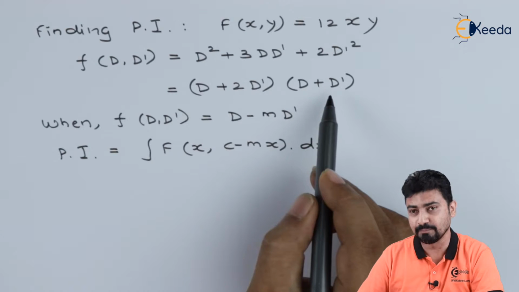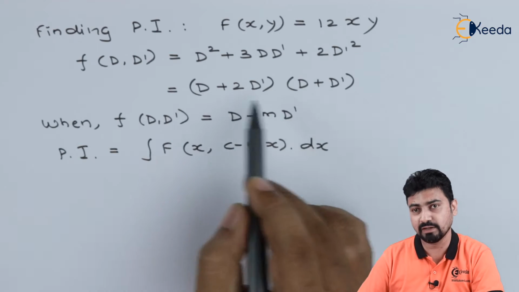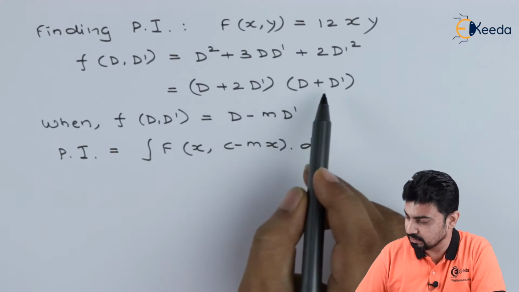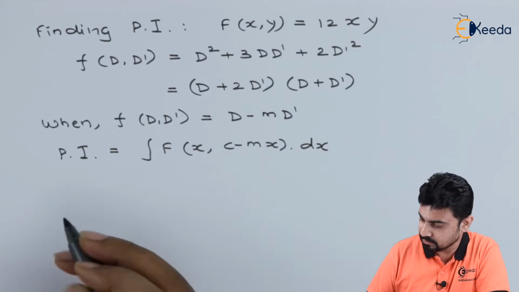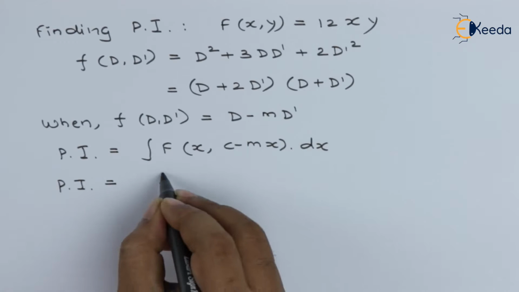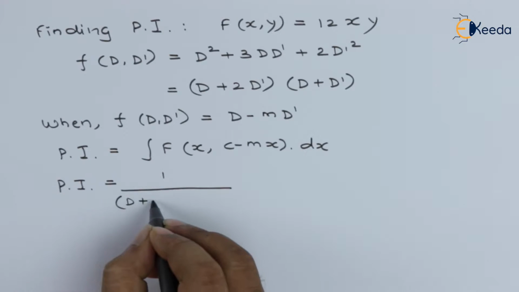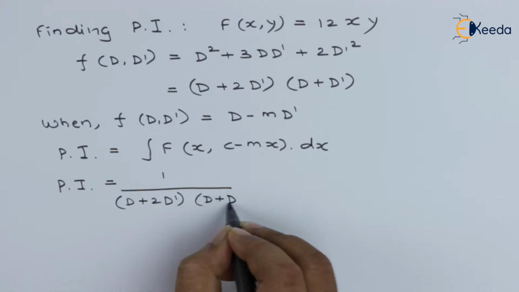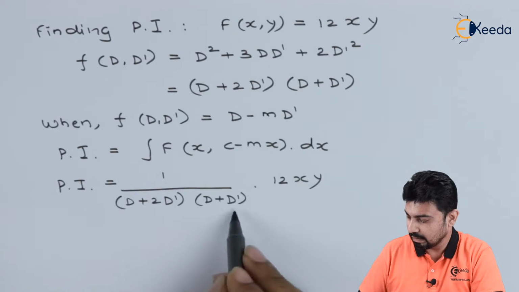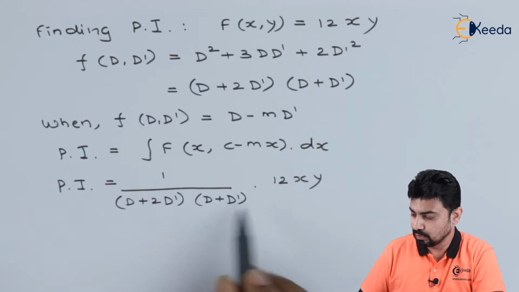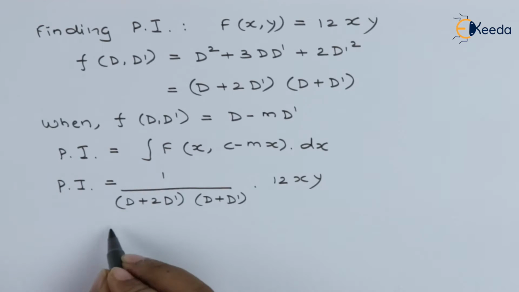D plus D dash. We will be considering each factor one at a time. So let us consider the D plus D dash factor first. We will write our PI as, apply this linear factor using the above condition.